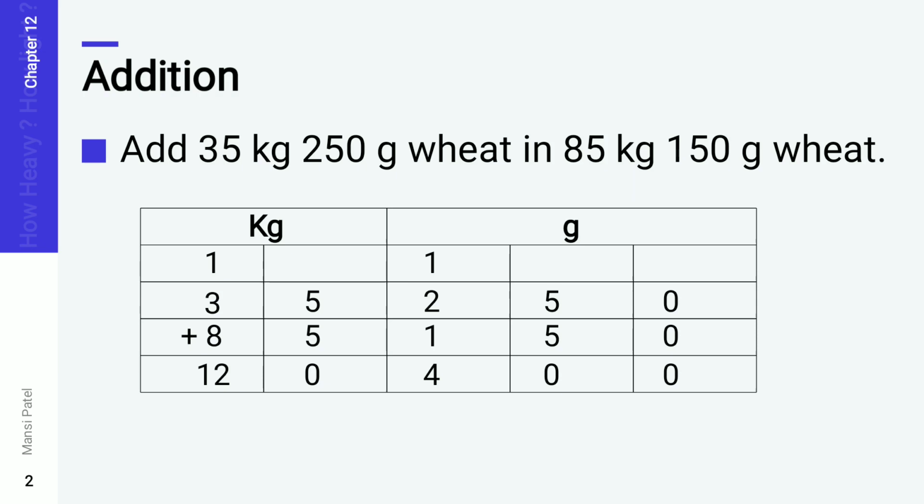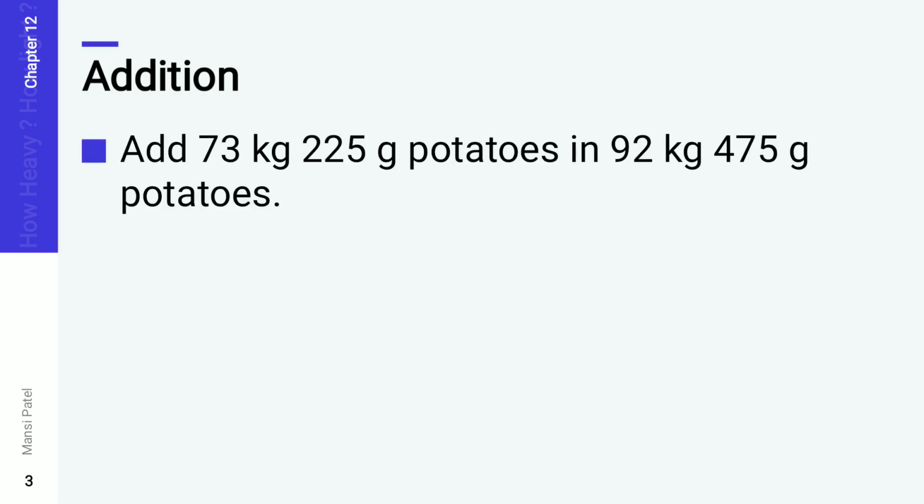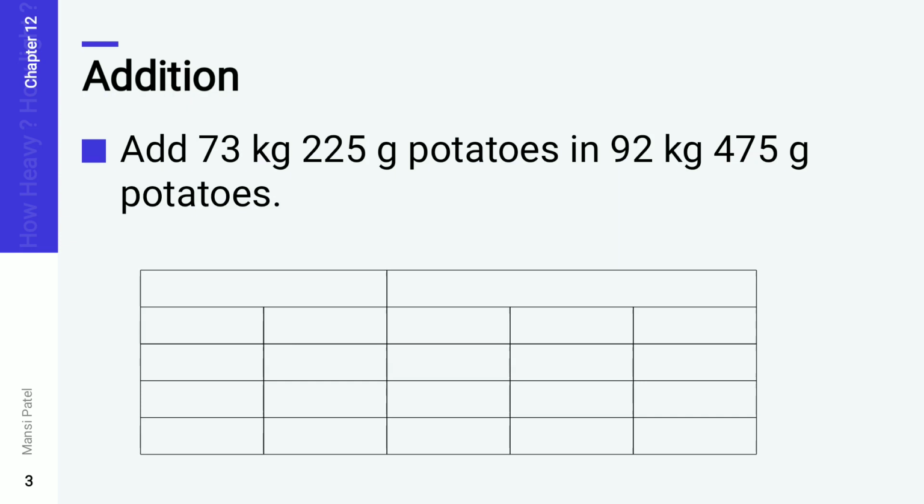Let us see the next one. In this you have to add 73 kilogram 225 gram potatoes to 92 kilogram 475 gram potatoes. So again, you have to write down the heading.